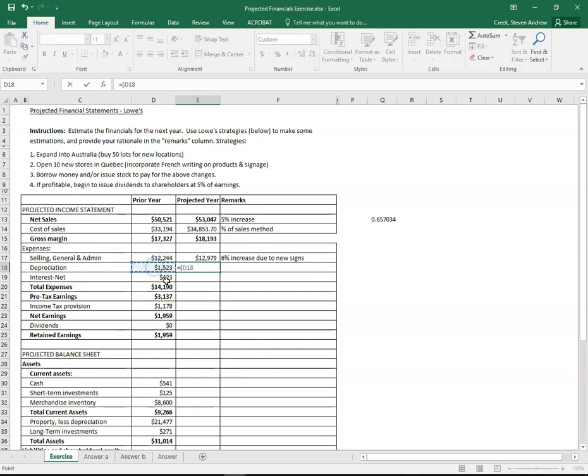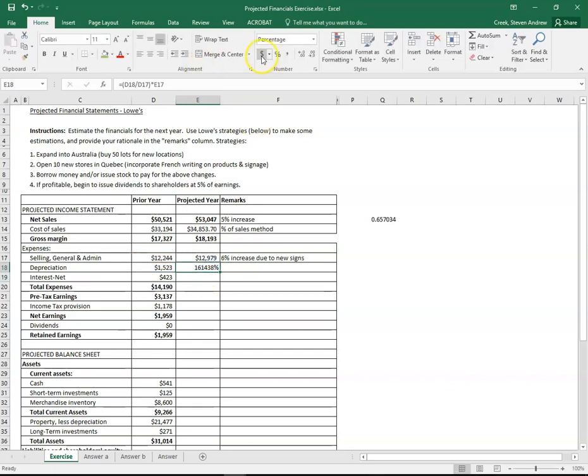So depreciation, divide that into our other expenses, which gives us a percentage, so 12%. And we can multiply that then by our projected year's selling. And that'll give us a pretty good guess on what depreciation might be, even though it's not directly impacted by our strategies. So multiply that by the projected selling expense.